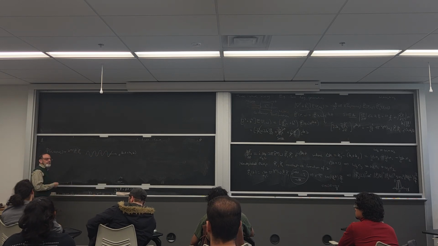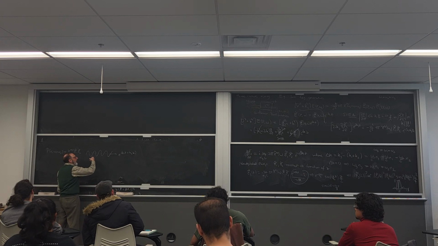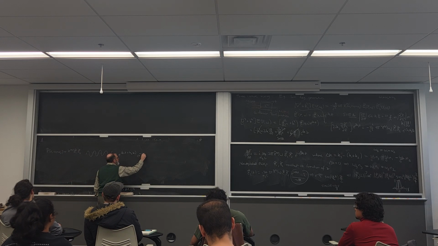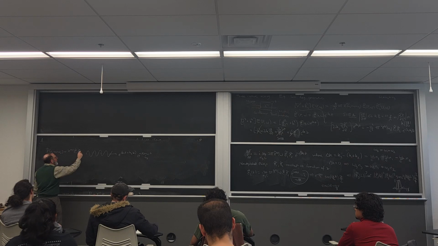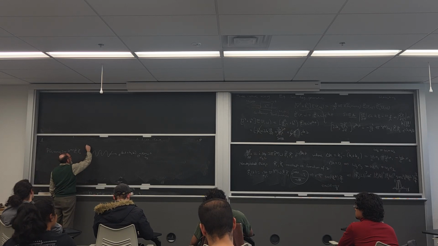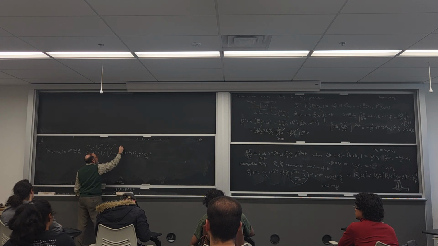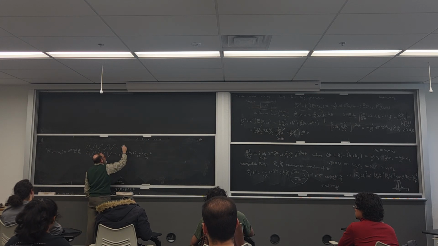Now, what we said is we're looking at how this thing radiates. This thing oscillates at the frequency omega 3. Now, the wave that it's radiating has the same frequency, but not necessarily the same wavelength because of the index of refraction.